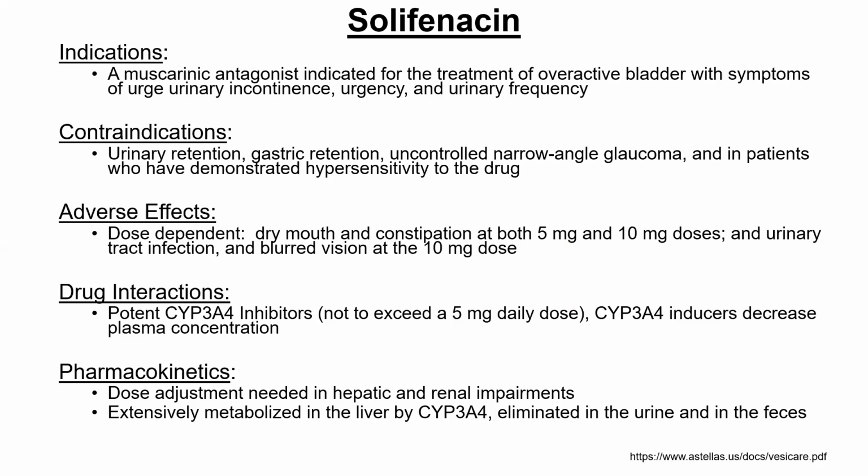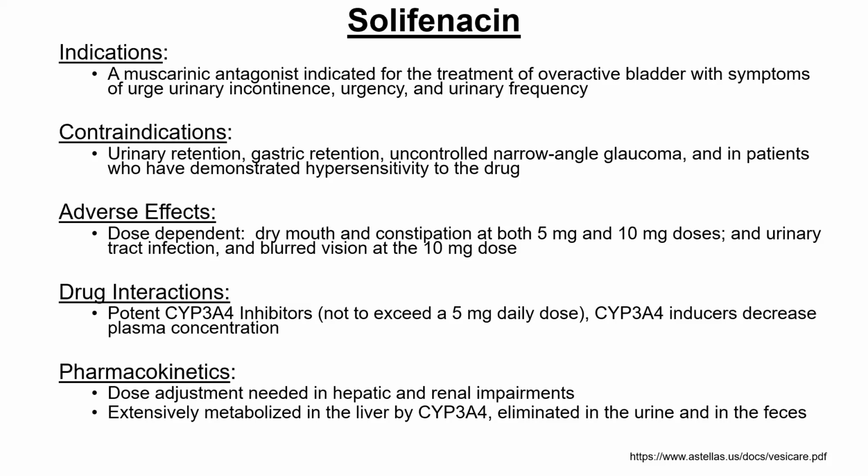Obviously, one of the ways you feel the urge for urination is the contraction of detrusor muscles, and if you block that, it might increase the risk of urinary retention. If someone already has that underlying condition, you don't want to prescribe this drug. Also gastric retention, uncontrolled narrow angle glaucoma, and patients who have demonstrated hypersensitivity to the drug.